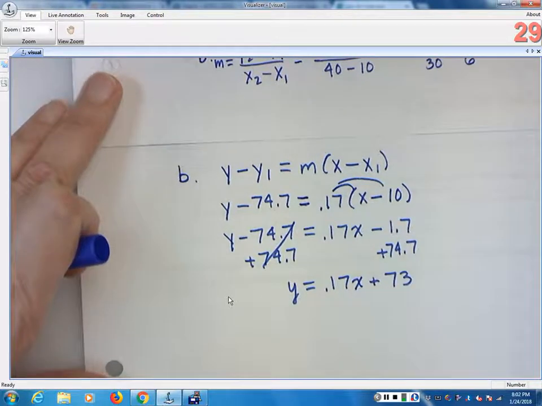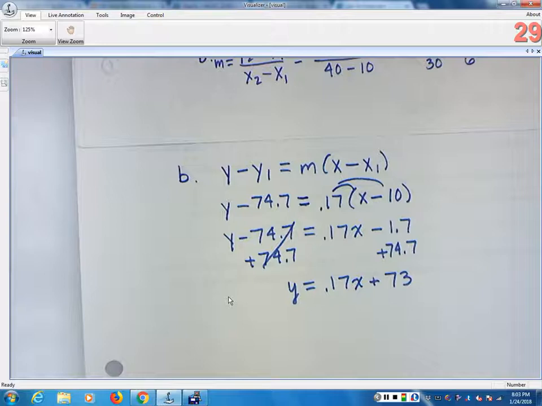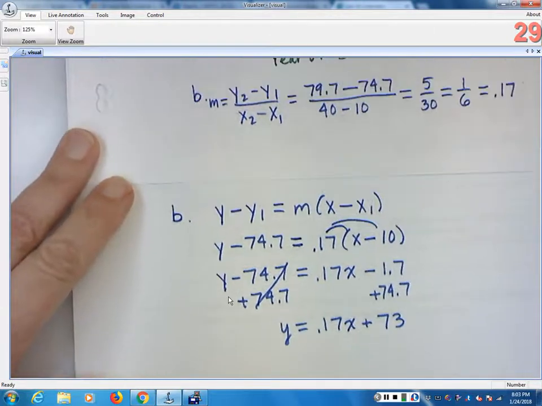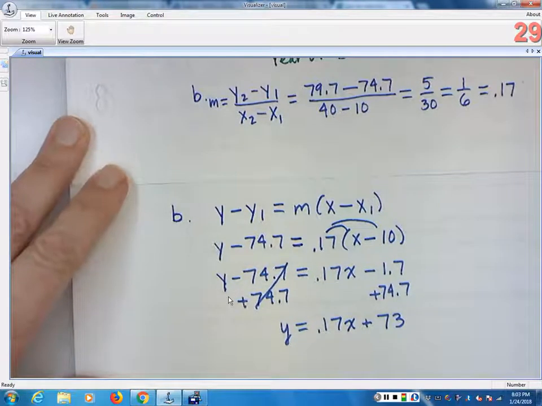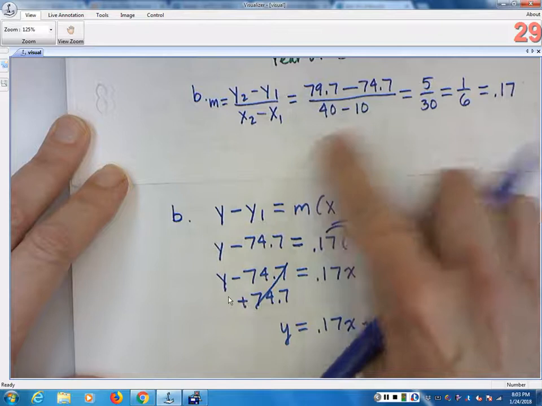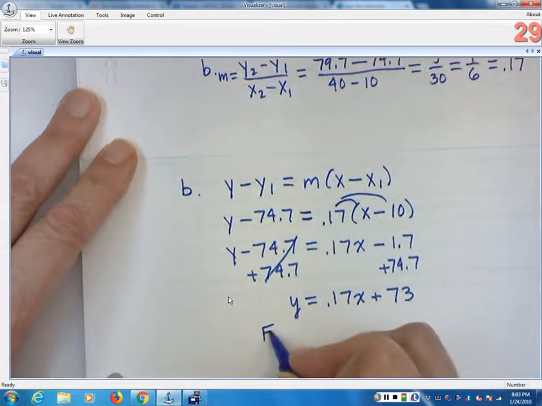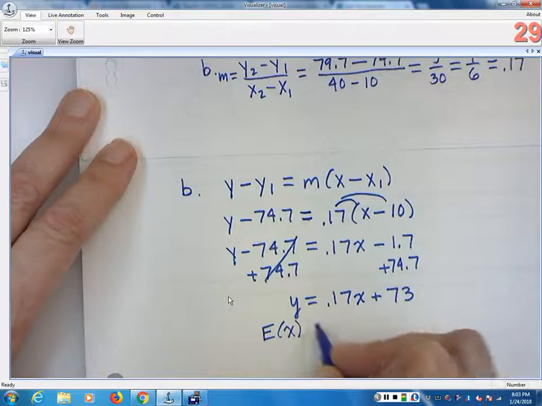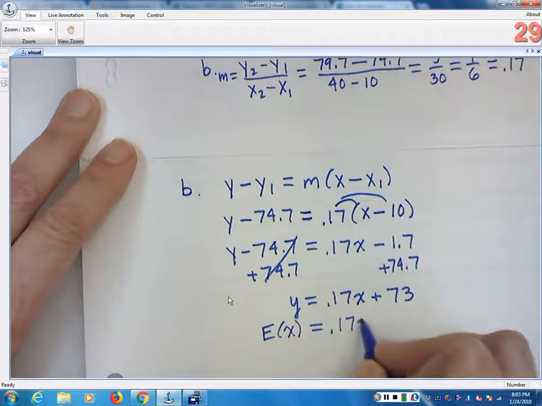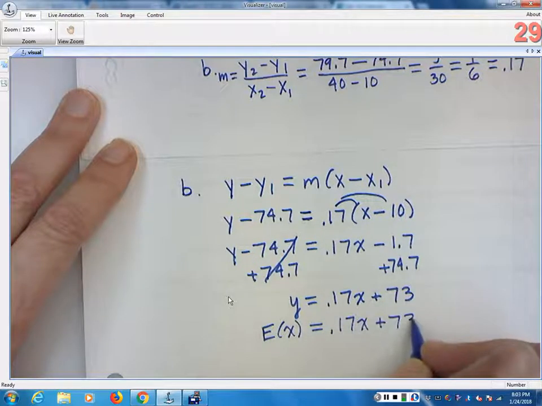Okay. So we found the slope. They told us the 2 points to use. We found the slope, just like we did the last problem. Now we're finding the equation. Now they want you to write it in function notation as E of x equals 0.17x plus 73.